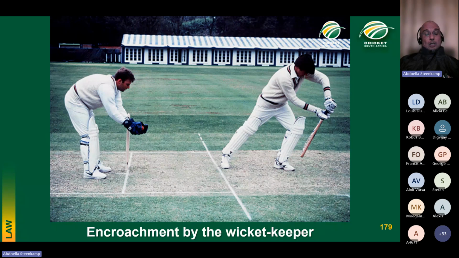So the keeper, look at where the keeper is taking the ball. The law wants the keeper to wait for the ball to pass the stumps, then take the ball and take off the bails. In this instance, because the keeper is encroaching, the striker's end umpire needs to call and signal no ball.